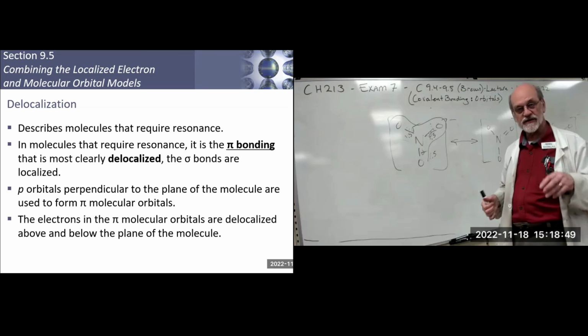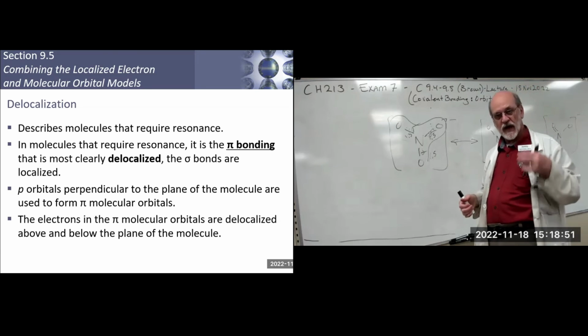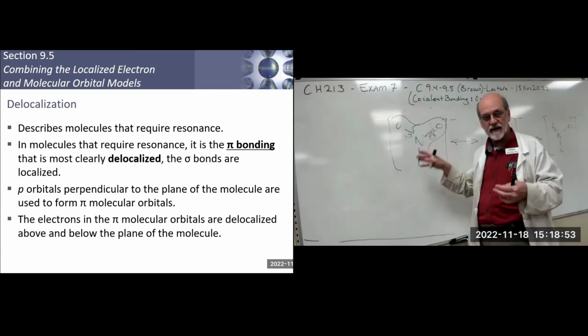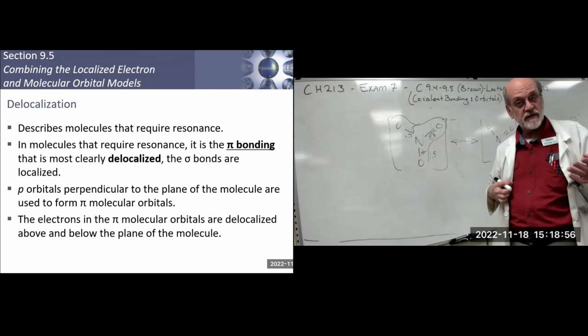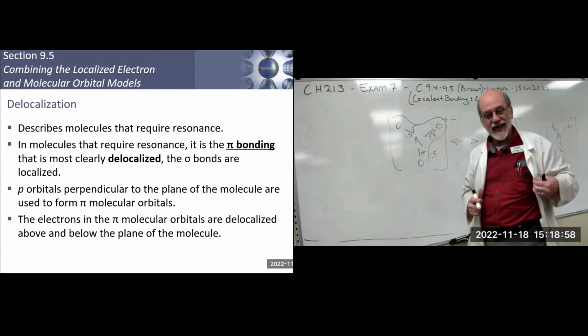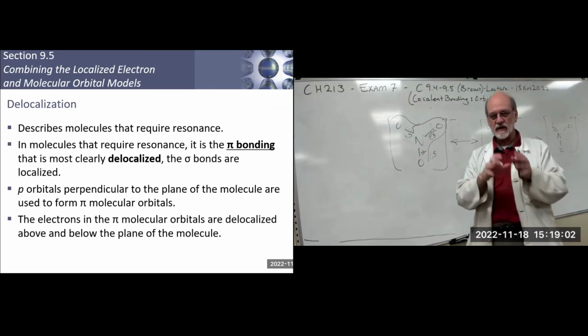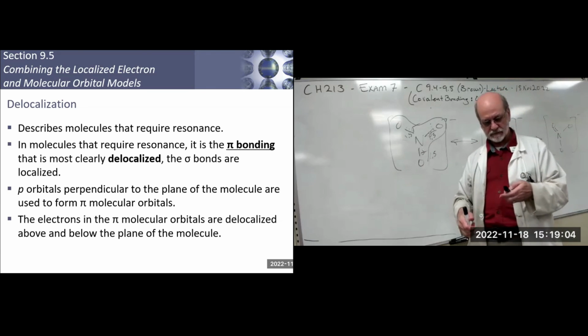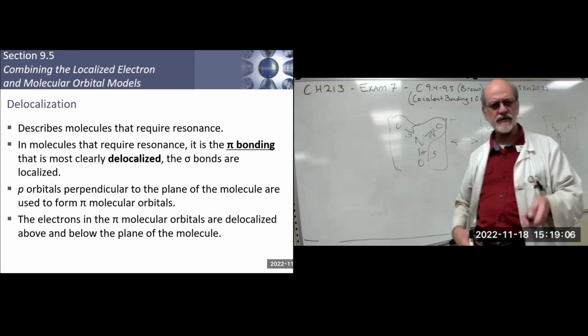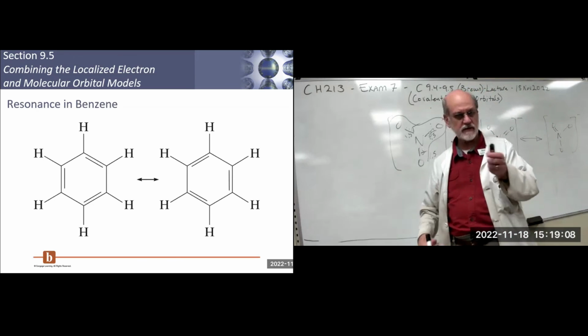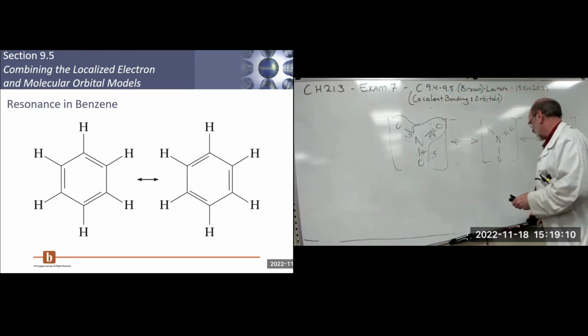And that delocalization is responsible for the stability of that ion and the stability of many other examples that use this delocalizing pi bonding. I think I've got another one to show you in just a second. Yes, in fact, the very next slide.